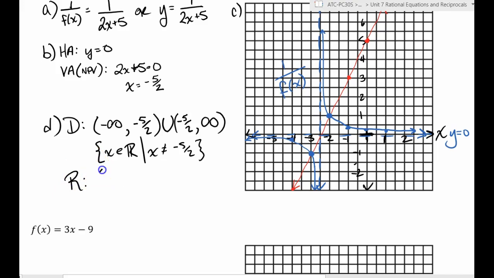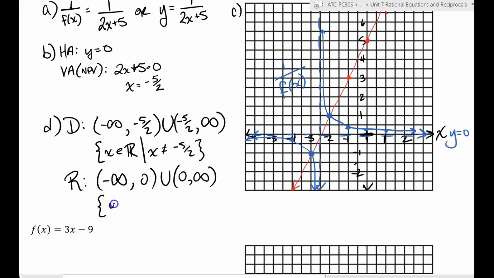Range is the same. I start from the bottom and work my way up. So negative infinity, it does keep going downward forever, but I've got a ceiling at y equals 0, and we never get to y equals 0, so we use a round bracket. It's united with, on the other side, I'm going to start just above y equals 0, so again, round bracket and 0, and I can keep following my graph forever upwards, so positive infinity is available too.